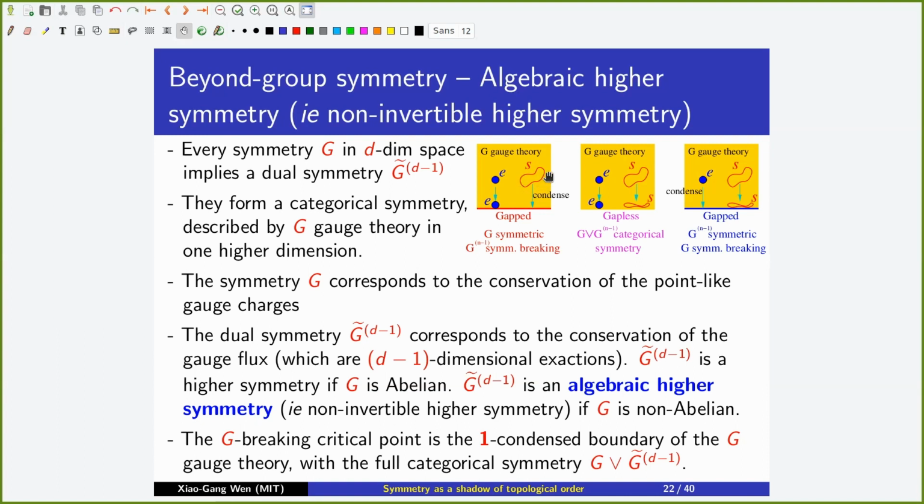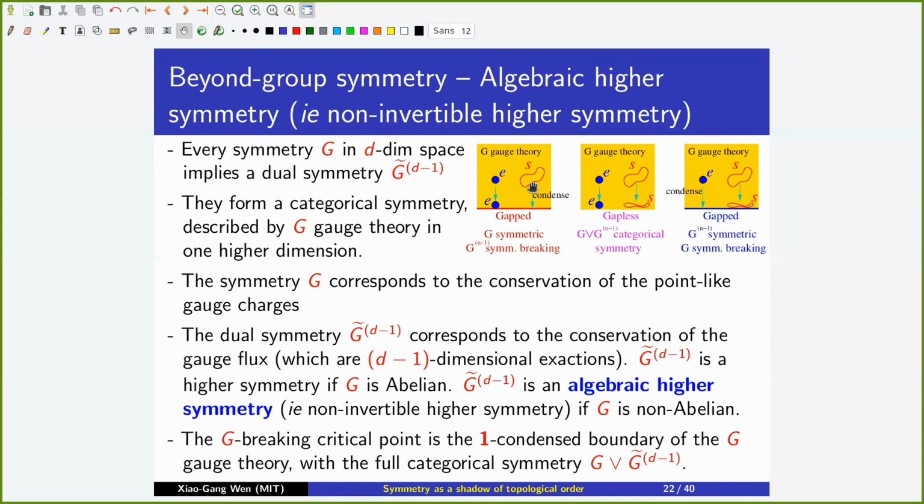But we also have a gauge flux. In a 2+1 dimensional bulk, the gauge flux is point-like, still like a point particle. But in higher dimension, in a 3-dimensional bulk, this flux can be loops, or can be membranes in even higher dimension. Those flux points or flux lines also have their fusion rules. They don't fuse arbitrarily. They cannot be created from nothing, so they have non-trivial fusion rules.